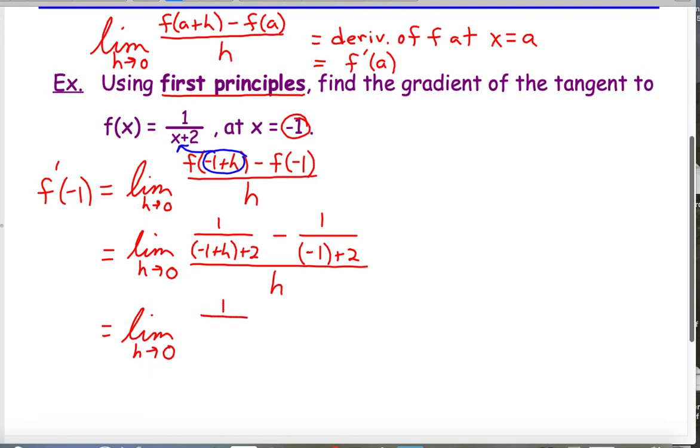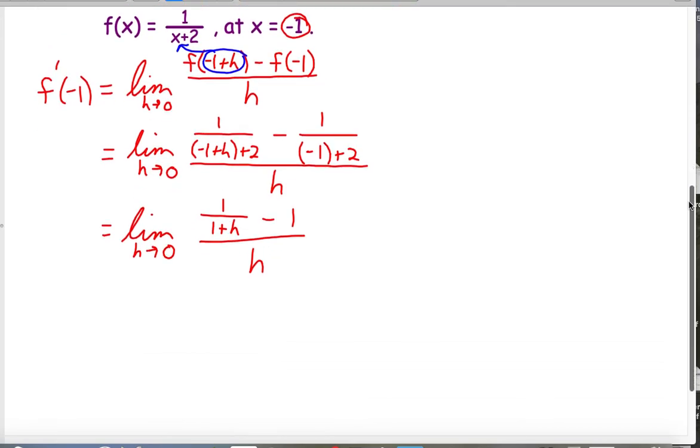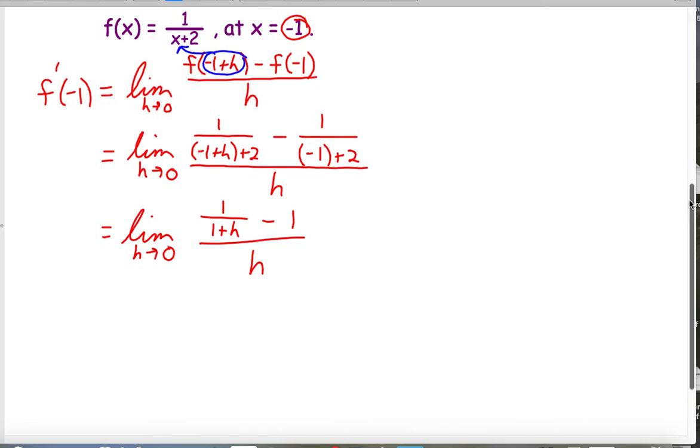So I'm going to have 1 over 1 plus h, and then minus 1 over 1, which is just 1, all over h. Now this is a complex fraction. So in order to deal with this, I need to combine these terms by having a common denominator.